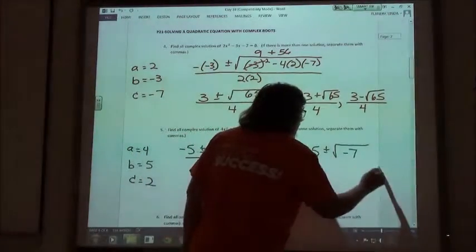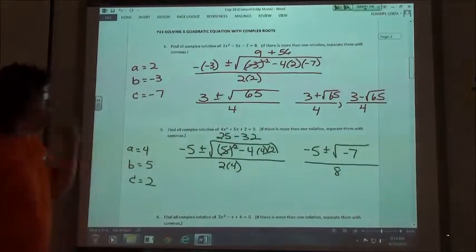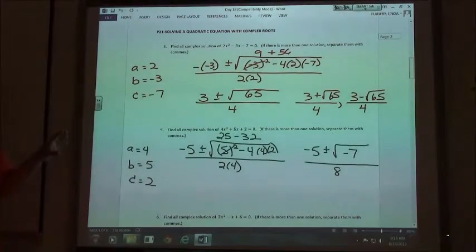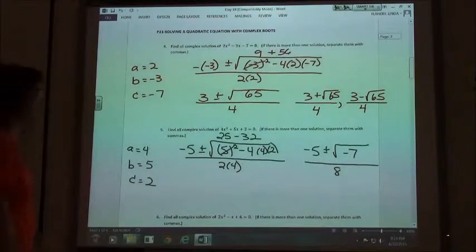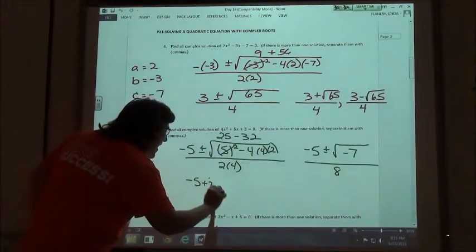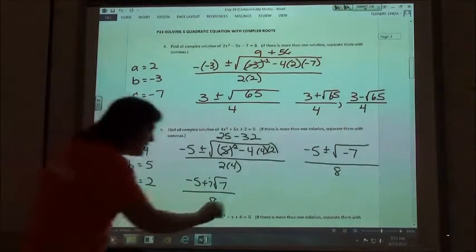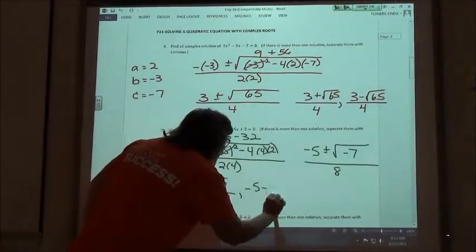-7 all over 8. Now, again, this doesn't tell you to simplify, and it doesn't tell you it has to be in standard form. So I found it's easier for me to type it in if I do -5 plus i square root of 7 over 8 and -5 minus i square root of 7 over 8.